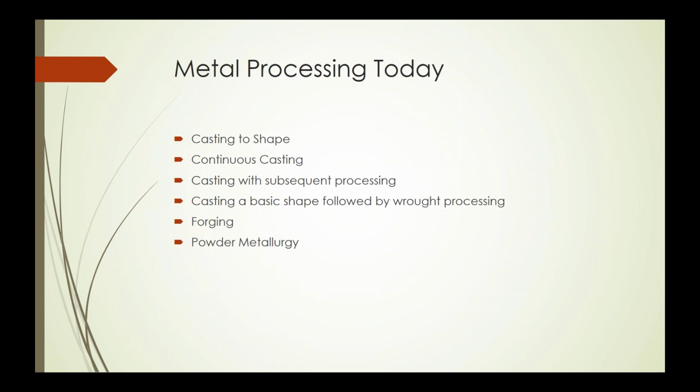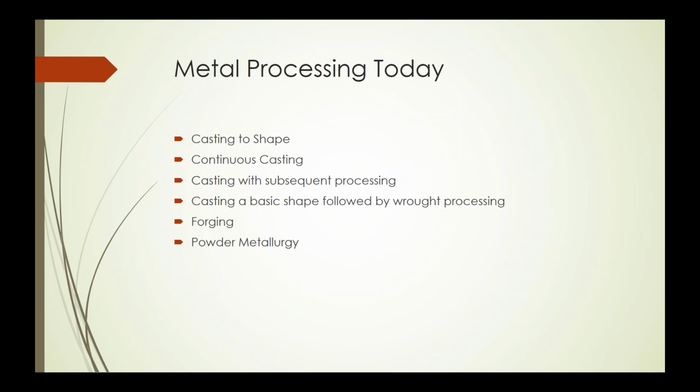Well, another way to do it is casting a basic shape followed by wrought processing. We've discussed that previously, where you, in the making of sheet mill products, you cast in the copper industry what you call a cake or a slab, usually 4 to 7 inches thick, and then you roll that down. Likewise, you can use cast shapes, rolling or processing down in other areas.